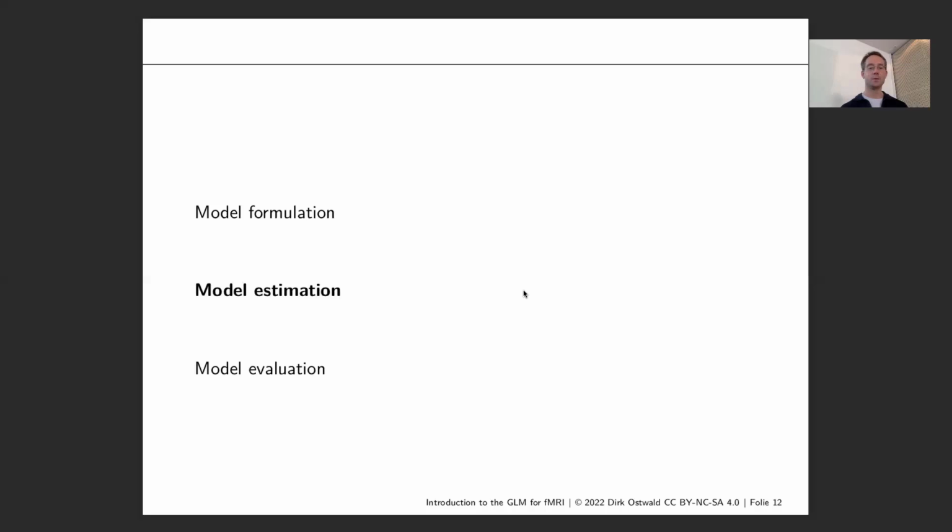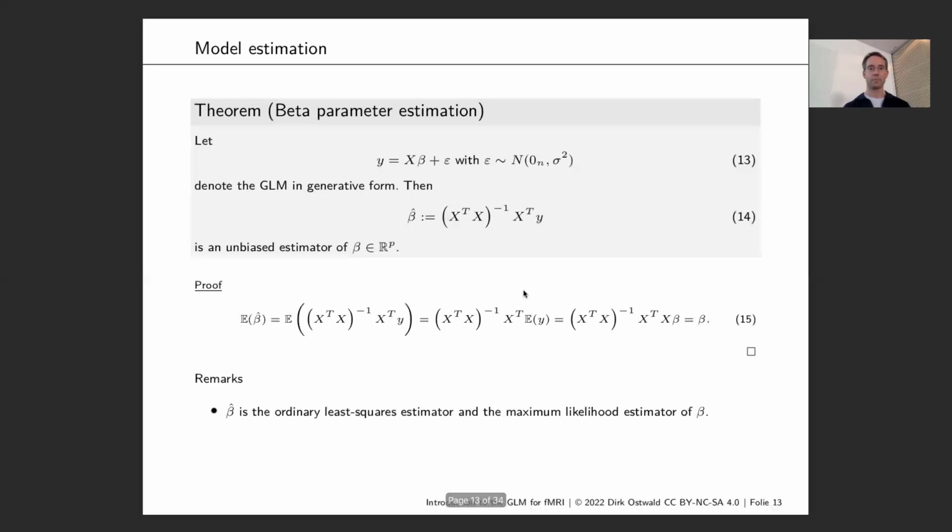You want to then infer these parameters, or make guesses about the true but unknown population parameters based on your data. This is what model estimation is all about. Model estimation is adapting the parameters to a specific data outcome.